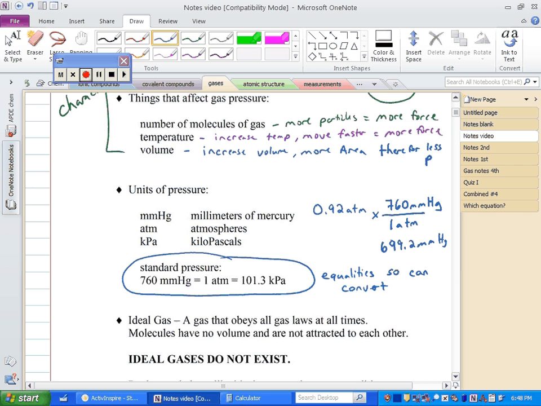Let's make it 0.920, because then I can do the significant digits.